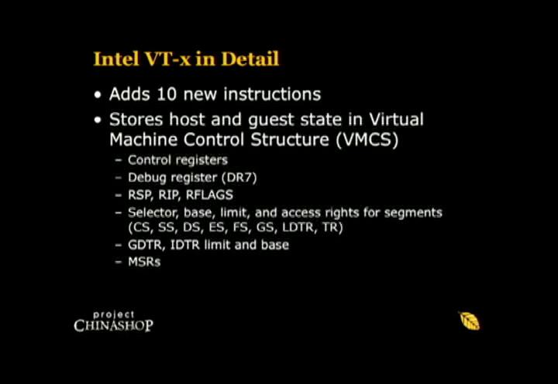Interestingly, they didn't include general purpose registers, so you actually have to do that yourself. When you swap in, you have the EAX, EBX, ECX of the guest OS, and you have to save that yourself, which is kind of a pain in the butt.